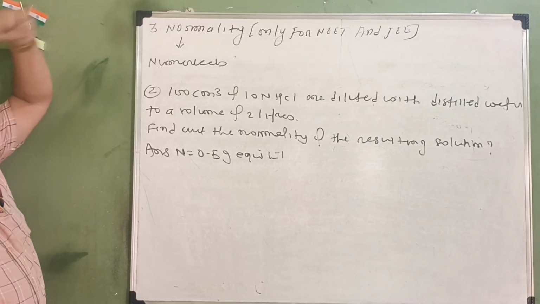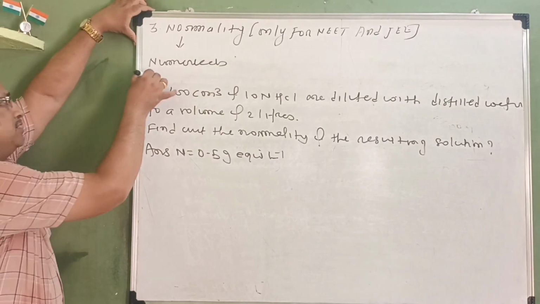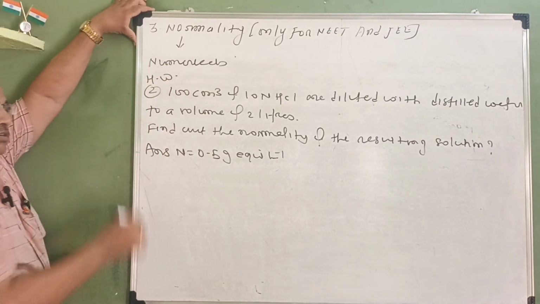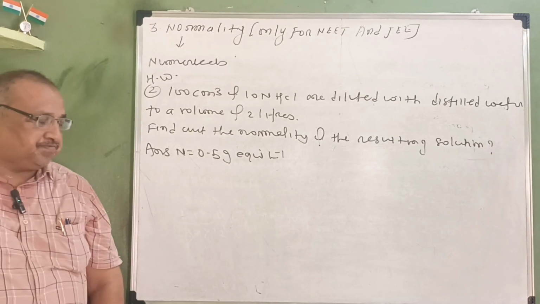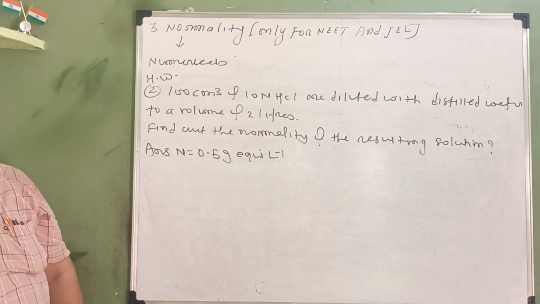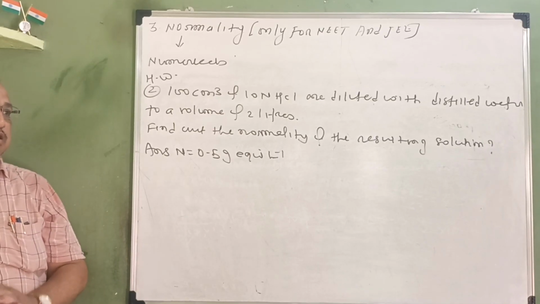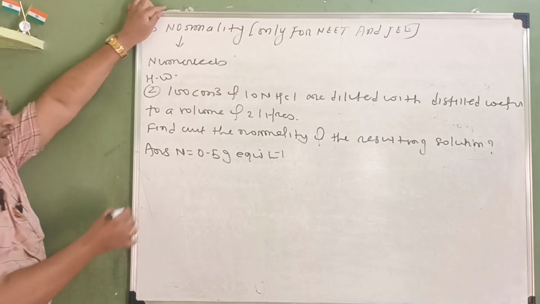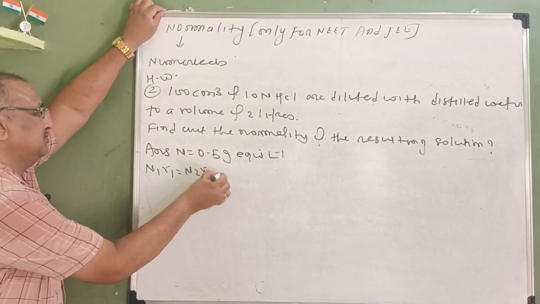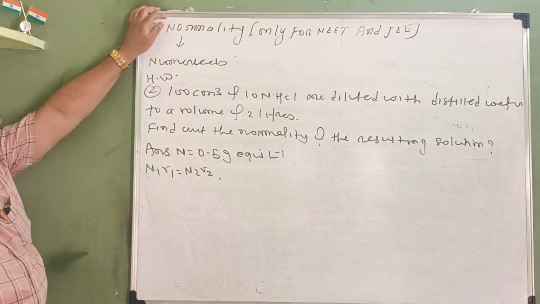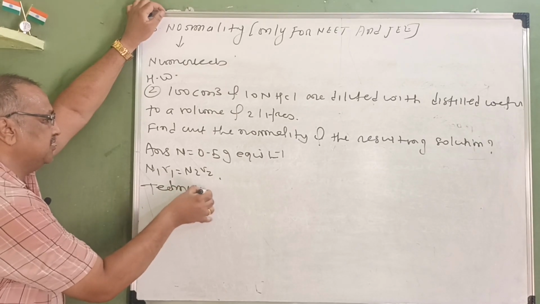Now try to solve this numerical. That means this is for homework. Centimeter cube means ml. Convert this 2 liter in ml. That means here this can be solved with the help of dilution formula, that is N1V1 equal to N2V2, or this also can be solved with the help of technique.